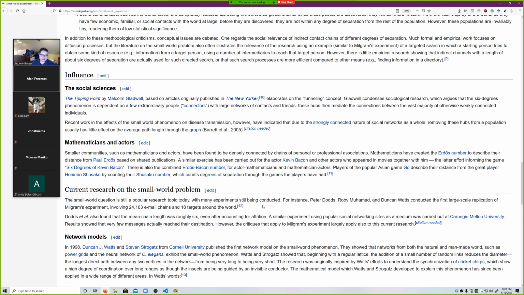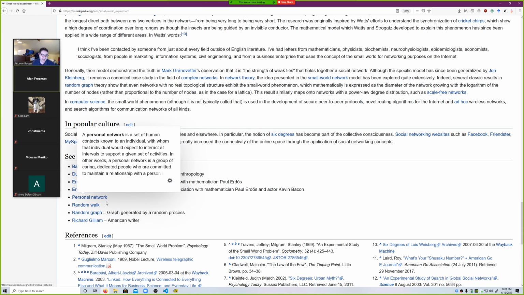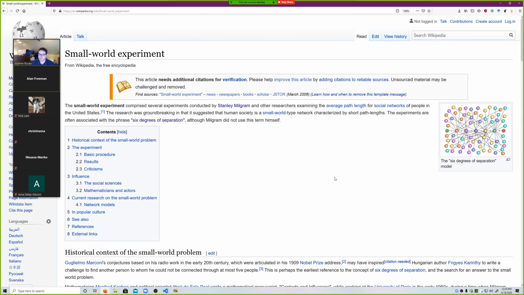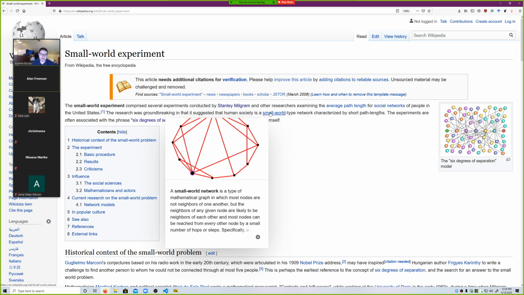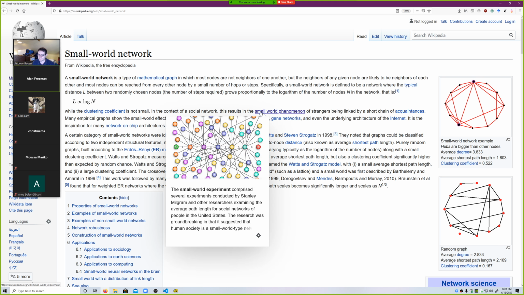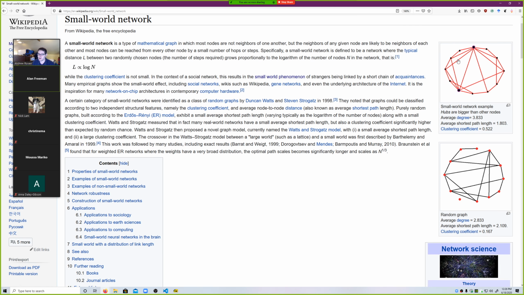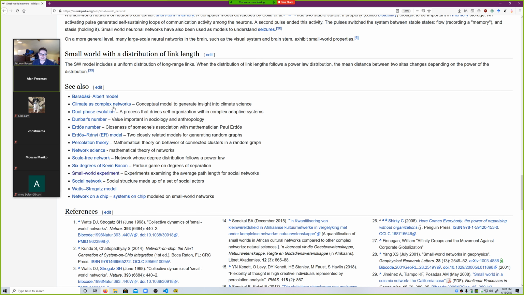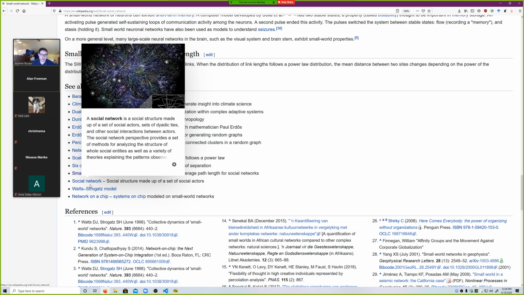And the idea here is that we find that a lot of networks, a lot of graphs, especially of human relationships but also of the internet, are what we call small world networks. Notice that it goes with social networks.